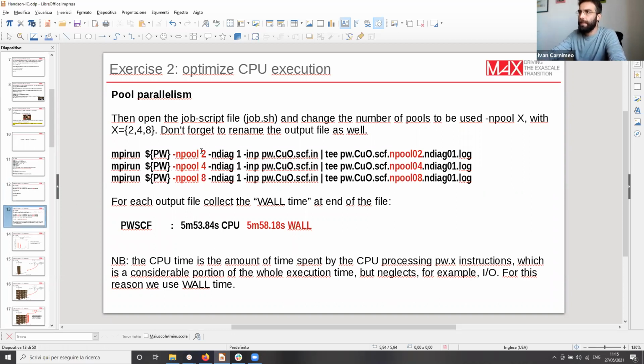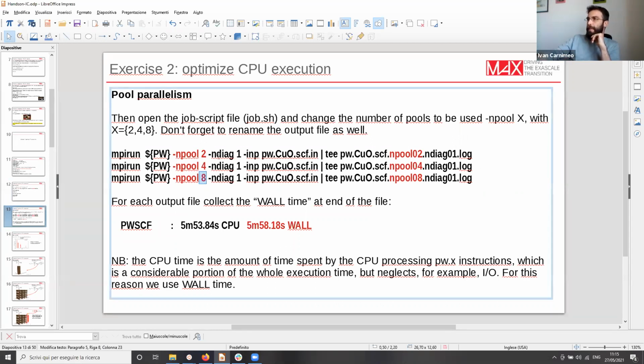This exercise is about pool parallelism. Now we have sent this job with one pool and one NDIAG. In the next step, we will send more jobs using more pools, so 2, 4, 8 pools and the same number of NDIAG. So this exercise will show you how to practically exploit pool parallelism.